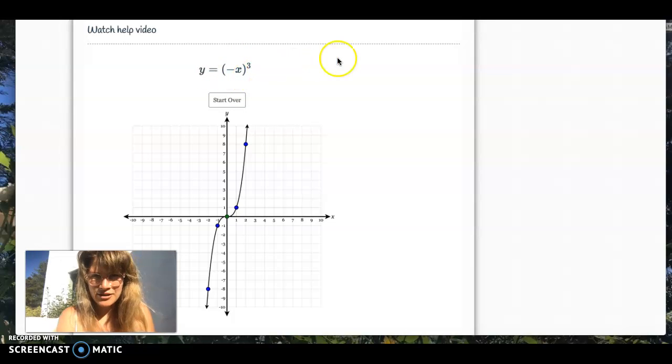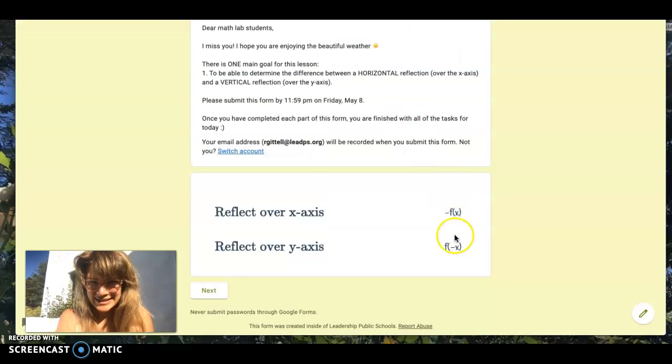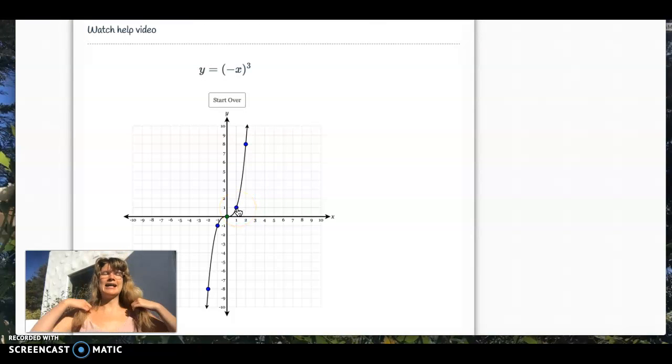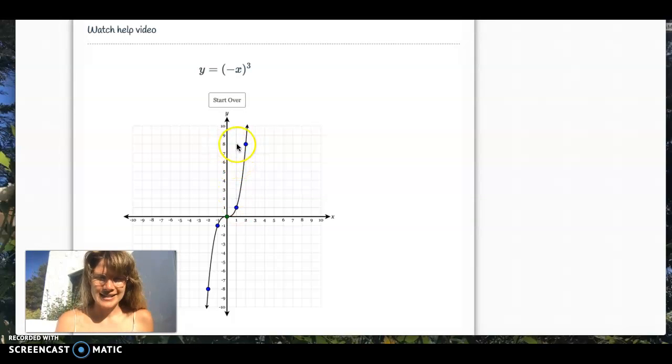So this is going to result, let me double check. If it's inside, that's going to reflect over the y-axis. It's going to be a vertical reflection. So reflecting over the y-axis essentially means that the y-axis is my line of reflection. So let's use this point up here.